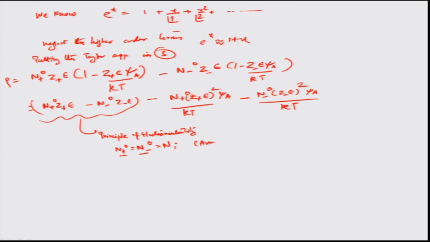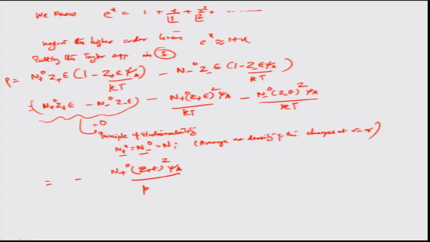So, this is the average number density of the charges at r equal to infinity. So, this becomes equal to 0, okay, and we are left with only two terms here, which is n plus 0 z plus epsilon whole square psi a by kT plus n minus 0 z minus epsilon square psi a by kT.